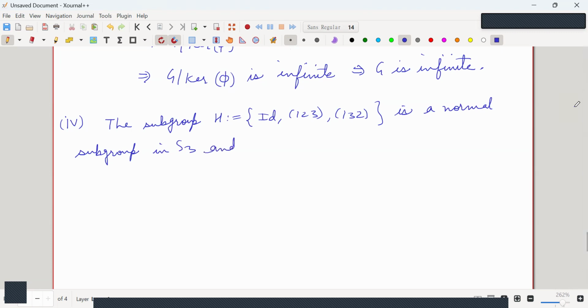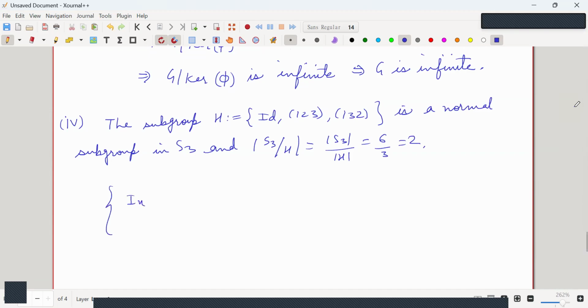The order of S3 modulo H is just order of S3 by order of H, which is 6 by 3, and this is 2.